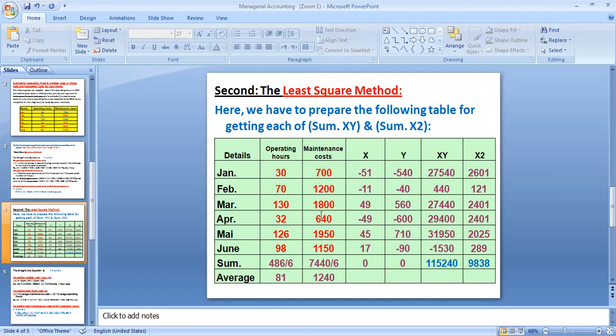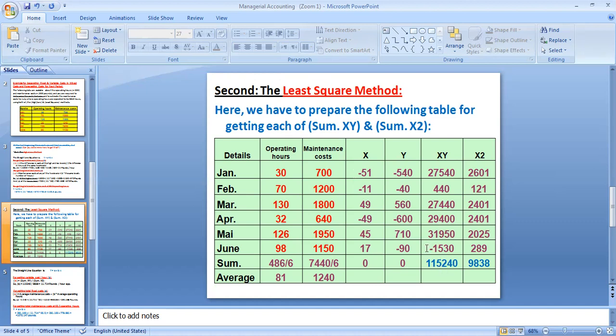The total maintenance cost divided by the number of months, or years, whatever the case, gives you the average. The average deducted from the cost of each month gives you Y. Be sure that the summation is 0. Then multiply for each month X by Y to get XY. Then add all the XY together to get the summation.